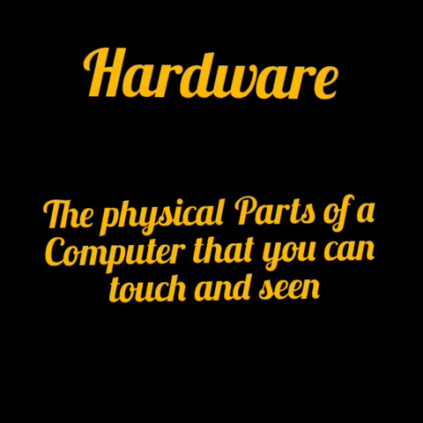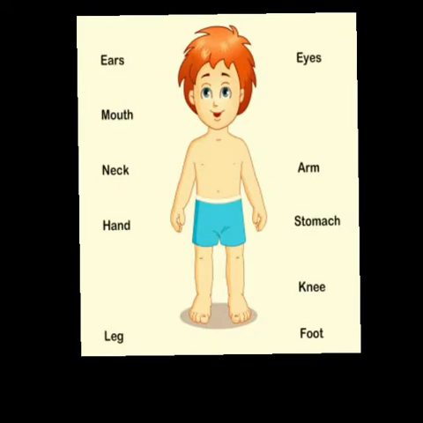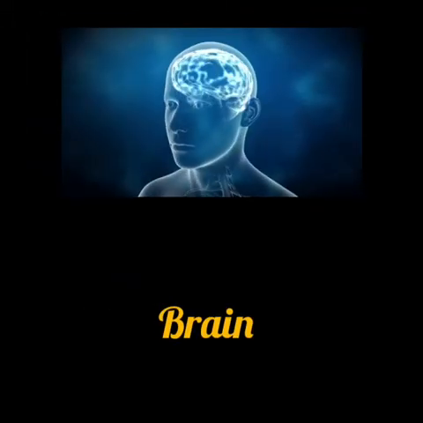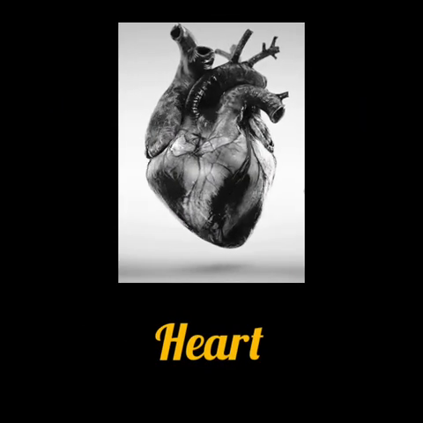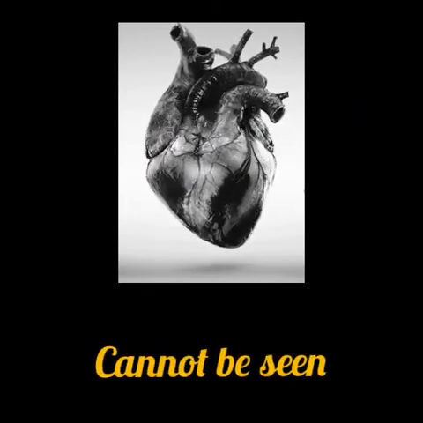Let us learn about hardware. The physical parts of a computer that you can touch and see are called hardware. A human body consists of the different parts. The outer parts of a body are visible, but the parts like brain, lung, heart, etc., which are inside cannot be seen.